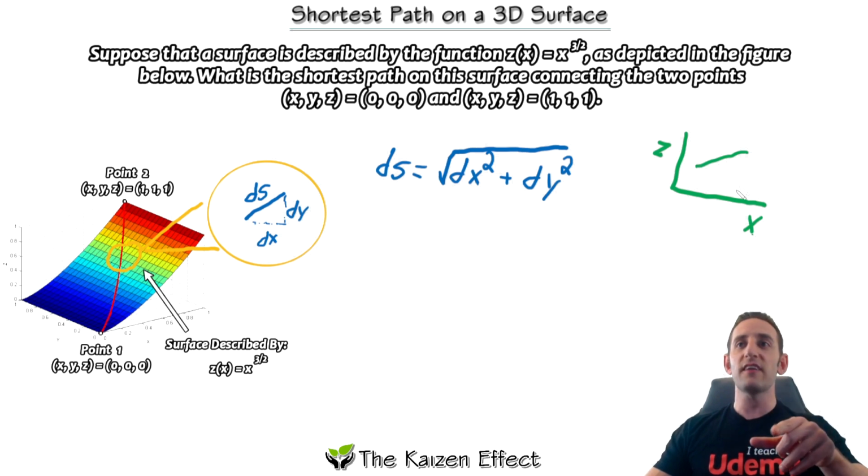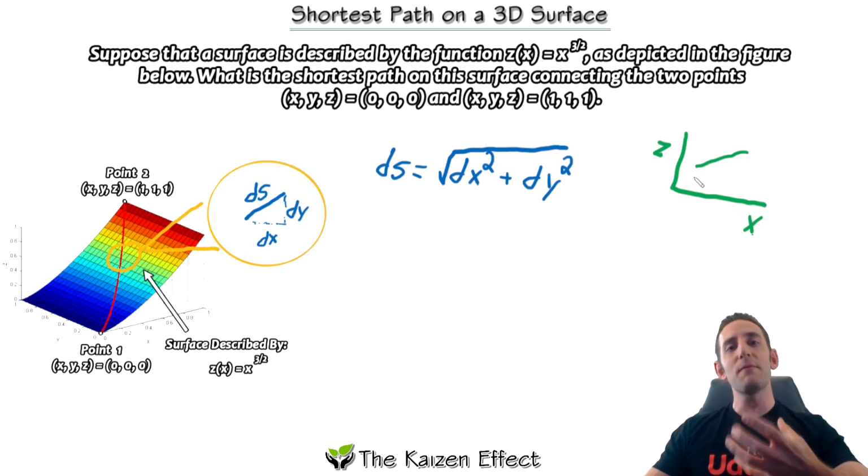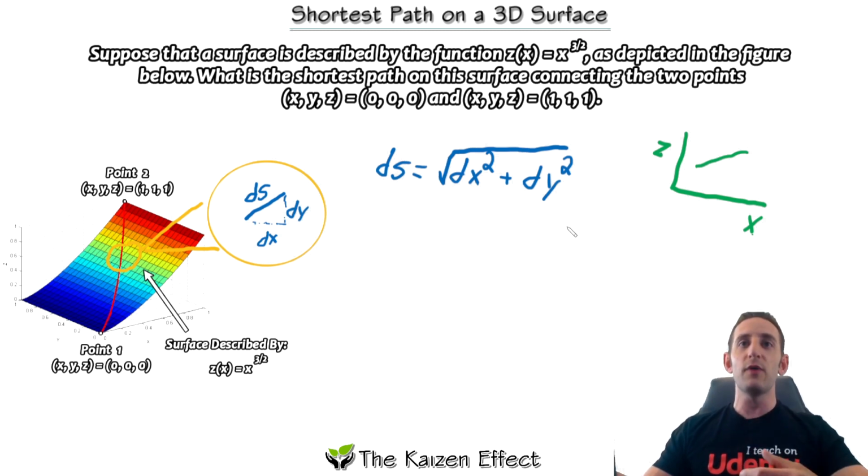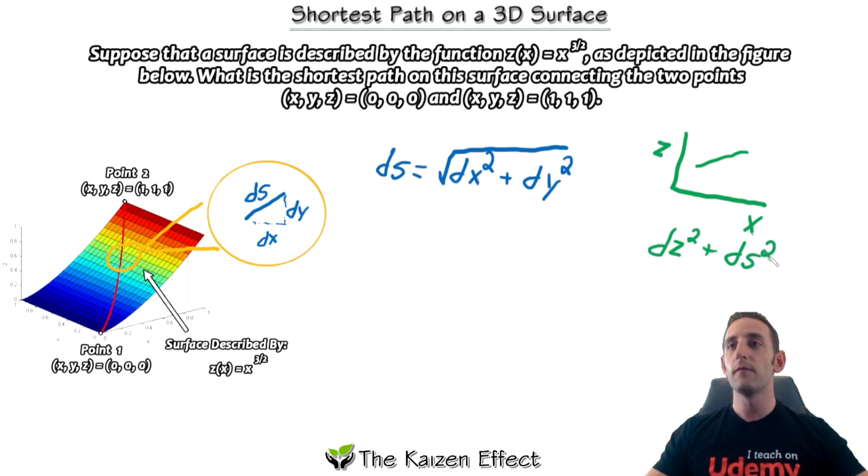And if this is projected on the x dimension, this is going to go as such. So we could do the same exact thing. And we know that if we take the change in z squared plus ds squared, that's going to give us the actual length, because in the xy plane, z is perpendicular to that, right?